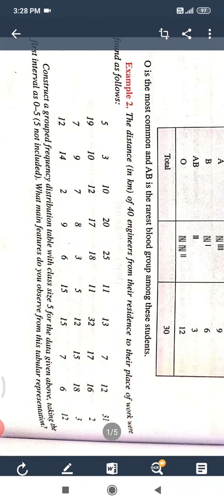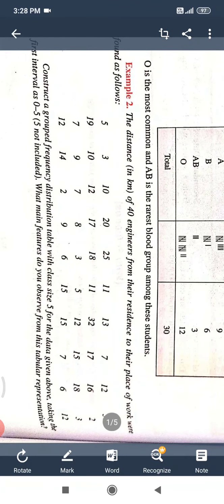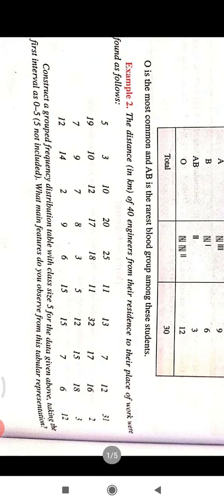So what main features do you observe from this tabular representation? Now, before we draw the frequency distribution table, which is the highest number and which is the lowest number that you find?